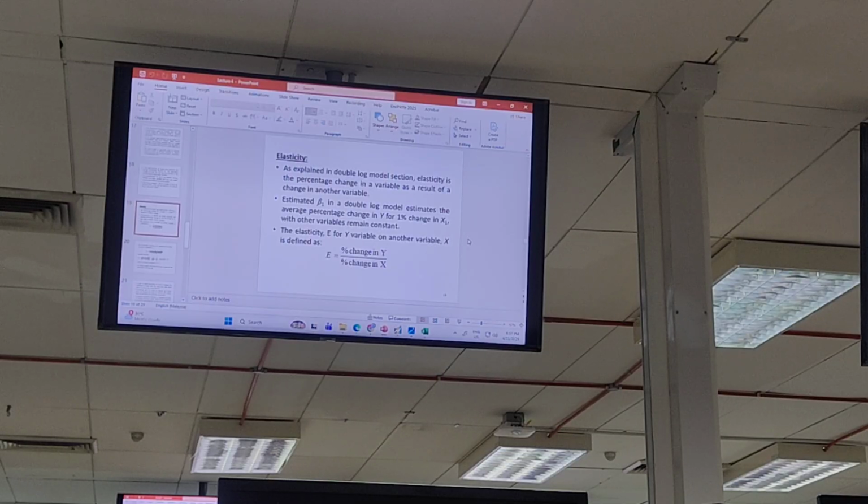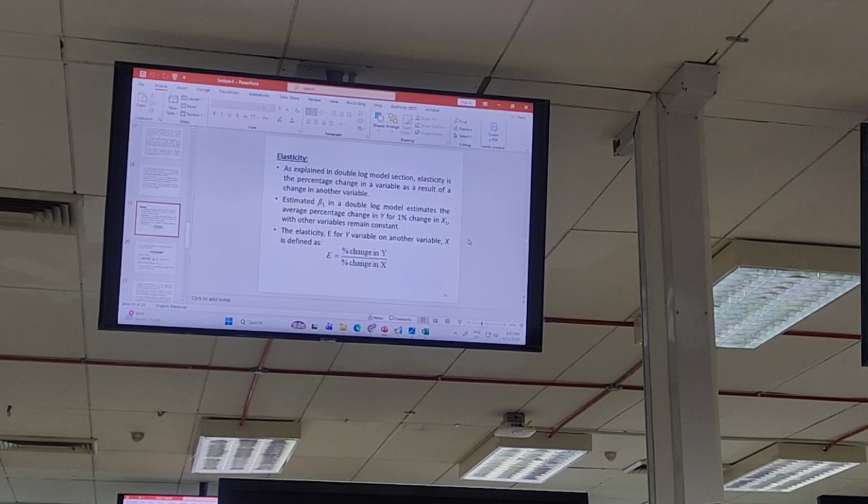Okay, so this is another way to calculate elasticity between variables, but the use of double log gives us a direct estimate without having to do calculation. As explained in the double log model section, elasticity is the percentage change in a variable as a result of a change in another variable.